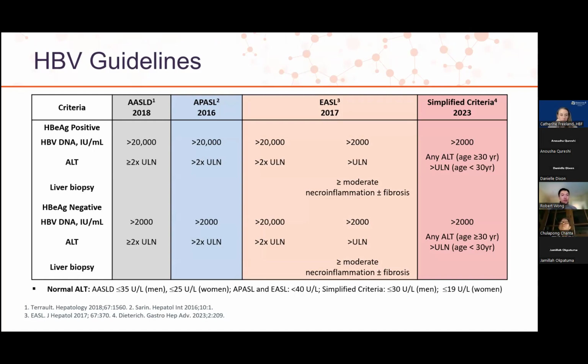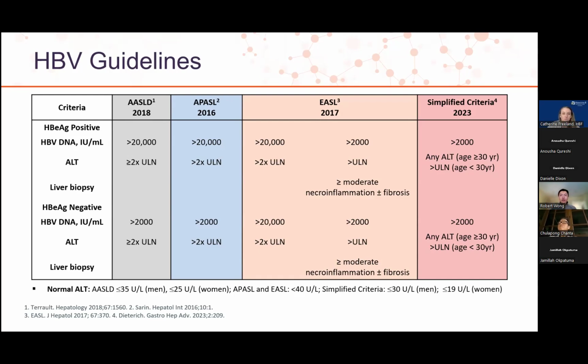You can see how complicated it is. It's a combination of liver enzyme ALT, viral loads, maybe stage of disease if someone has had biopsy or non-invasive testing, and e-antigen status.